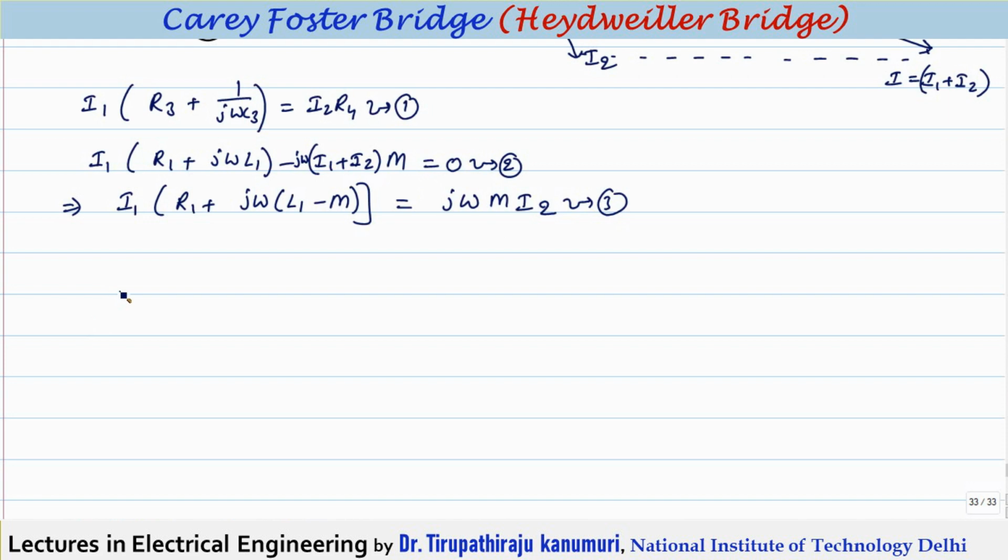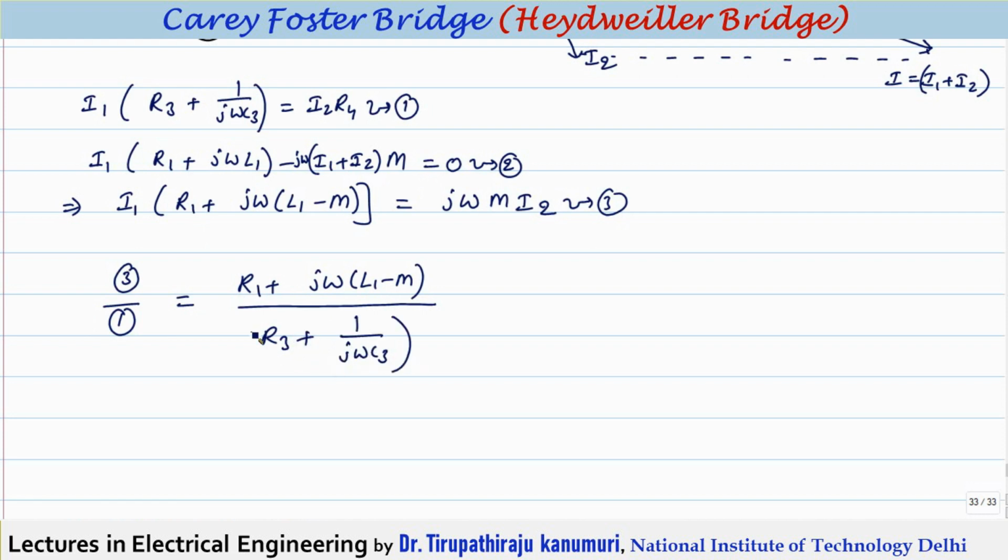Now I am taking the ratio of equation number 3 divided by equation number 1. So this will become R1 plus j omega into L1 minus M, divided by R3 plus 1 by j omega C3.